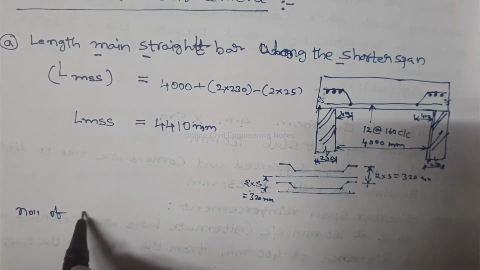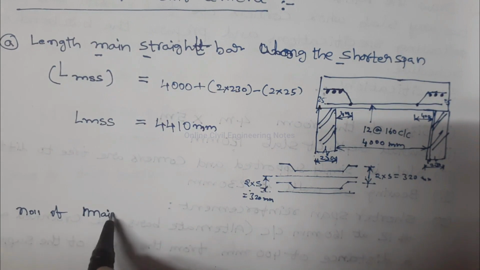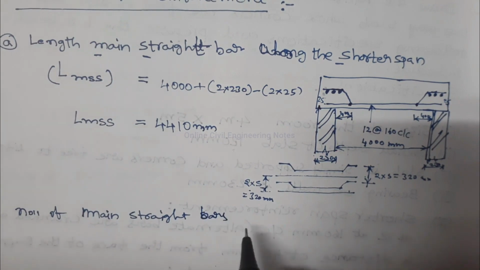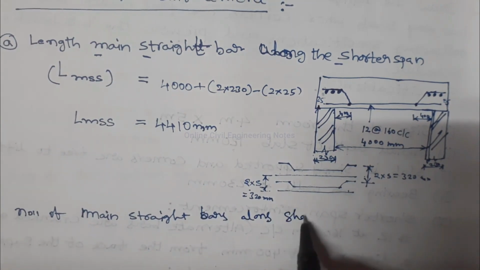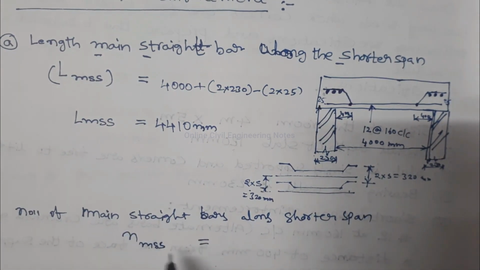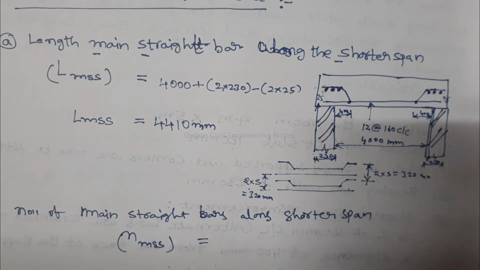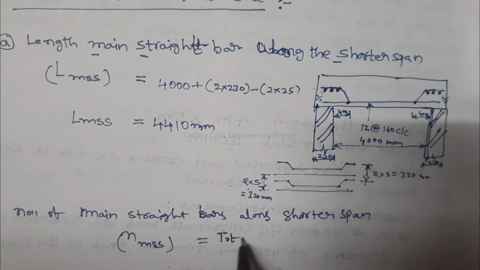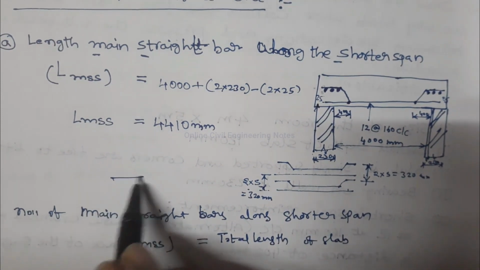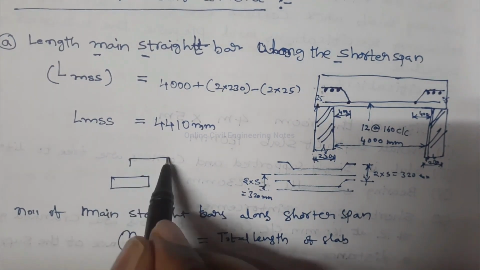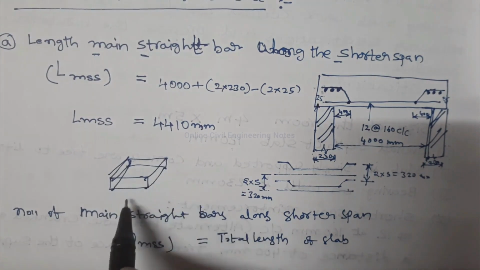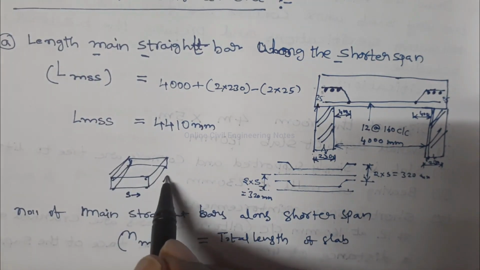Number of main straight bars along shorter span is equal to total length of slab. See, this is the slab, this is the shorter direction, this is the longer direction.